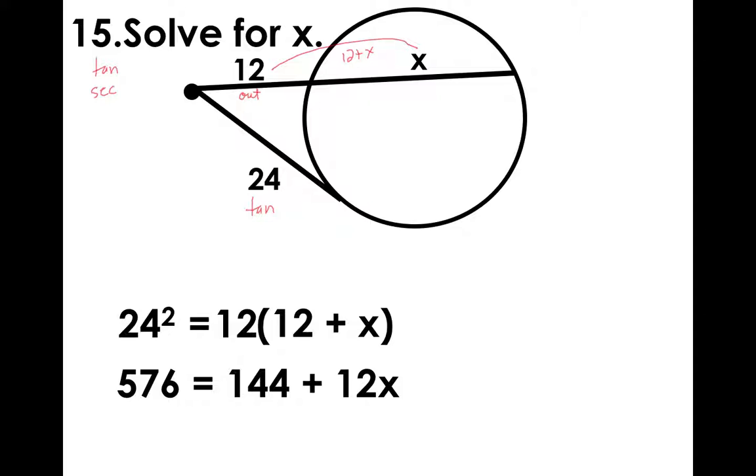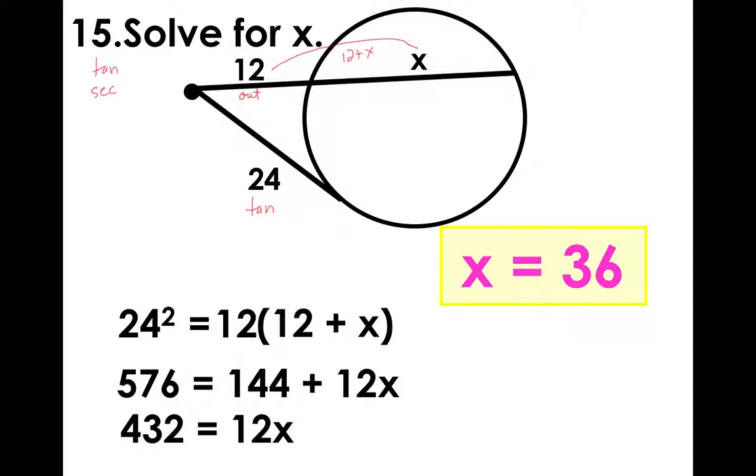Then I subtract 144 from both sides and I get 432 is equal to 12x. And then I divide by 12 and I get x is equal to 36. Now remember, a way that you can check it is to take your answer, which in this case is 36, and plug it back into here to see if this side equals that side.